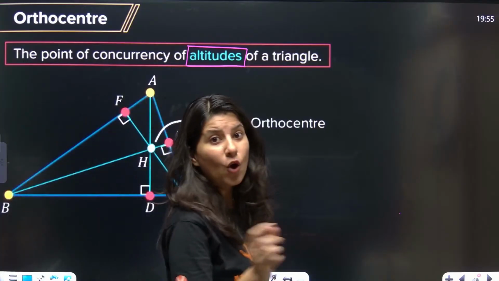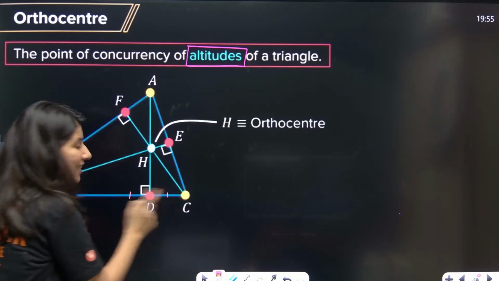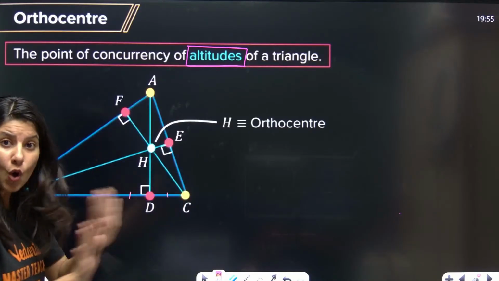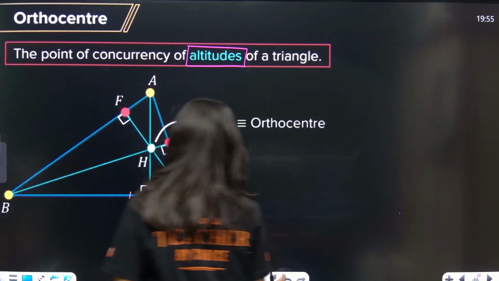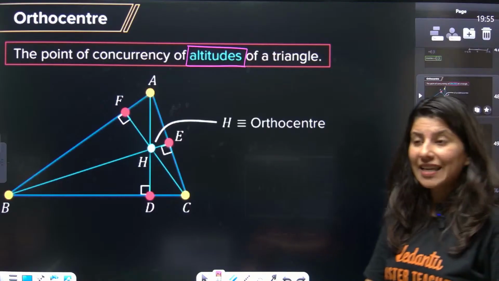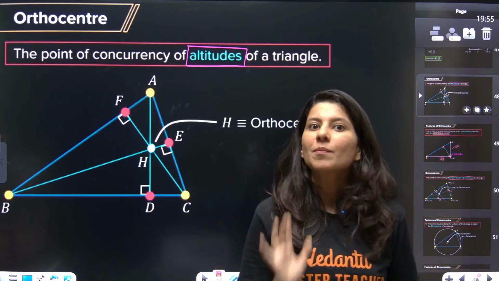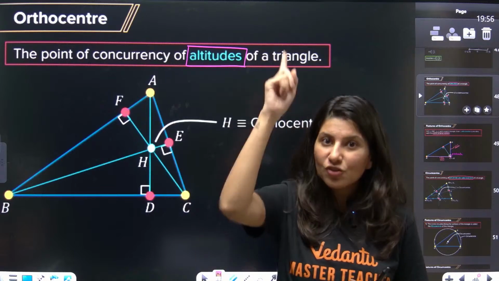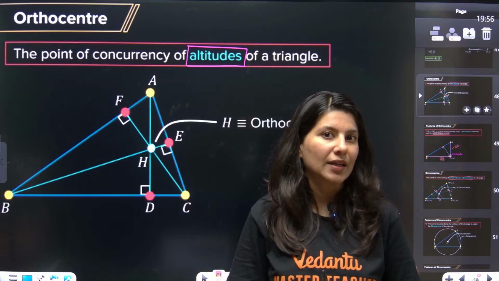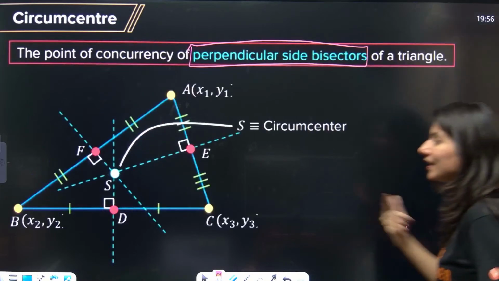And an altitude need not necessarily bisect the base. Here D is not the midpoint of BC. If it is bisecting, then it is happening by chance, but this is not mandatory. The mandatory thing is that it should start from a vertex and it should be perpendicular. This is your altitude. But what about the perpendicular bisector?